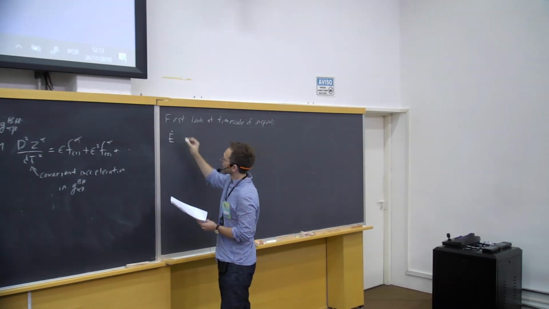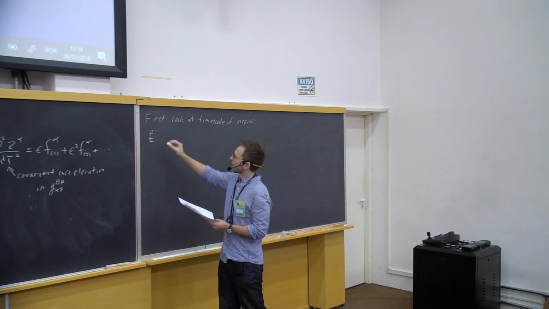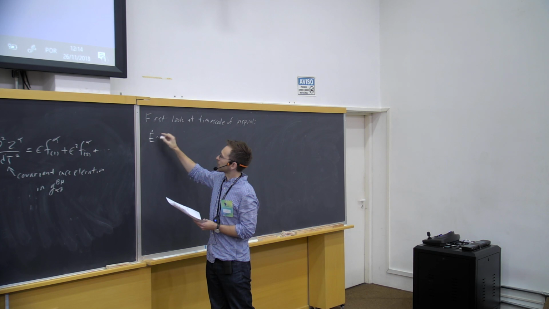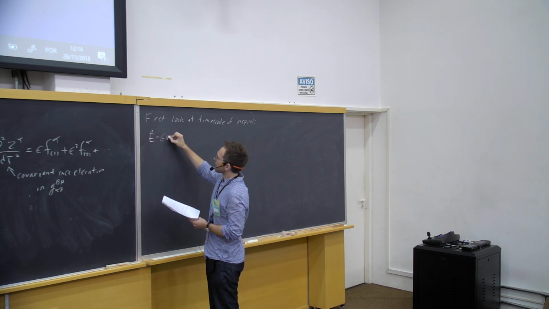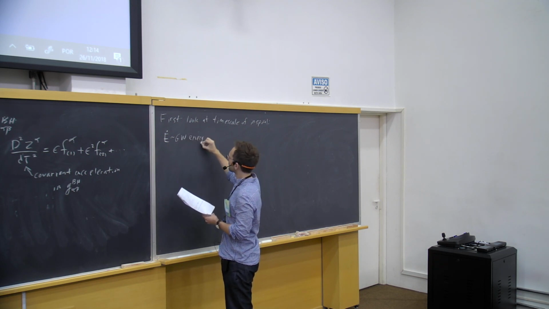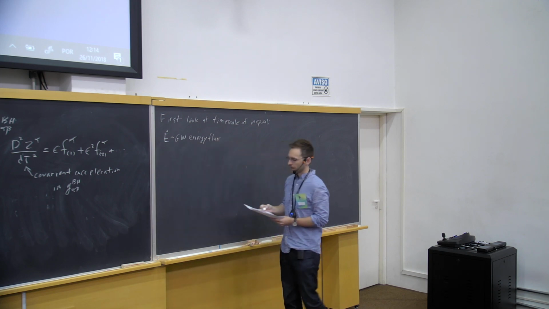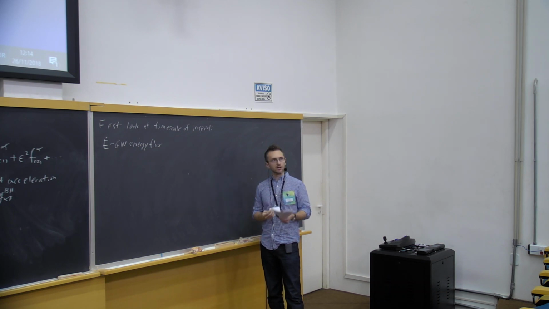The total energy of the small object is going to have a rate of change. So E dot means rate of change with time. It has to be equal to the energy flux carried out of the system, so that means out to infinity or down into the black hole.